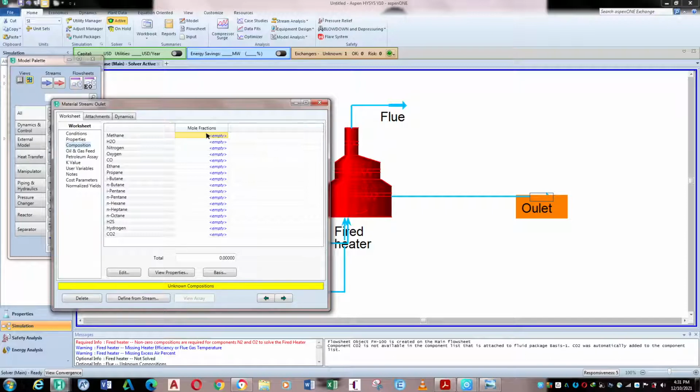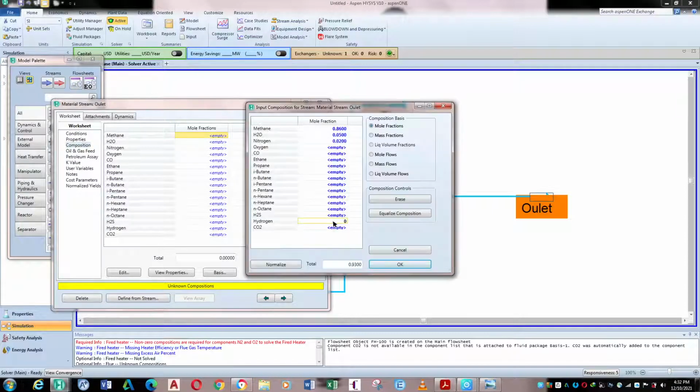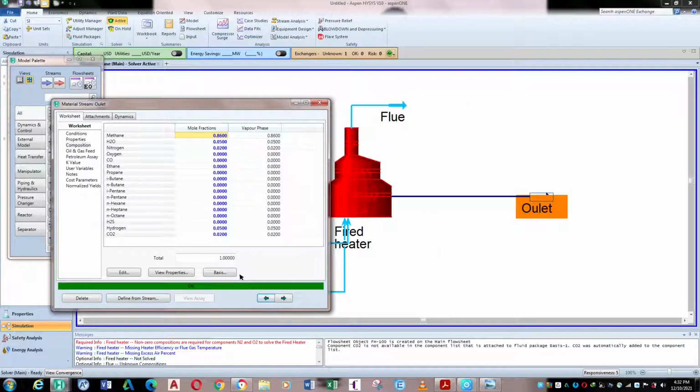Okay, 5% water, 2% nitrogen, 5% hydrogen, and 2% carbon dioxide. Okay. As you can see, the green color showing that the stream is now fine.